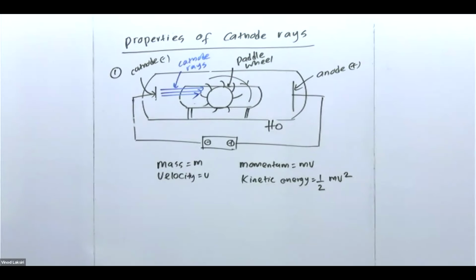To create a force, cathode ray particles should have mass and velocity.